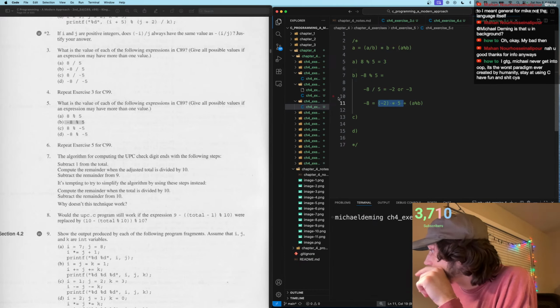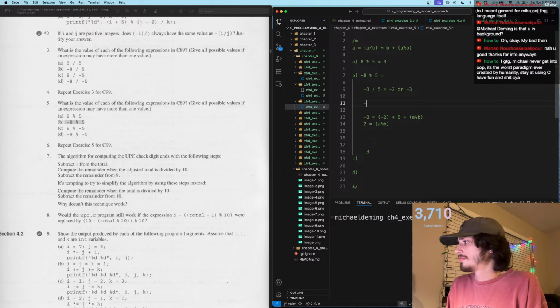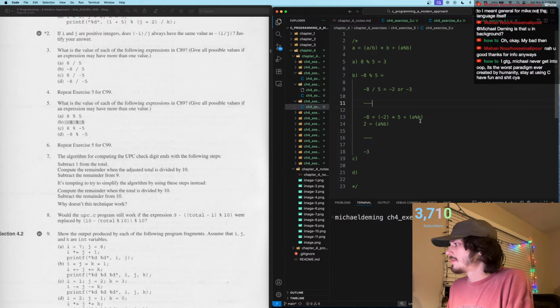Now you would have a second option here where you'd plug negative 3 in for this place here. So it'd be negative 8 is equal to negative 3 times 5 plus a modulo b.